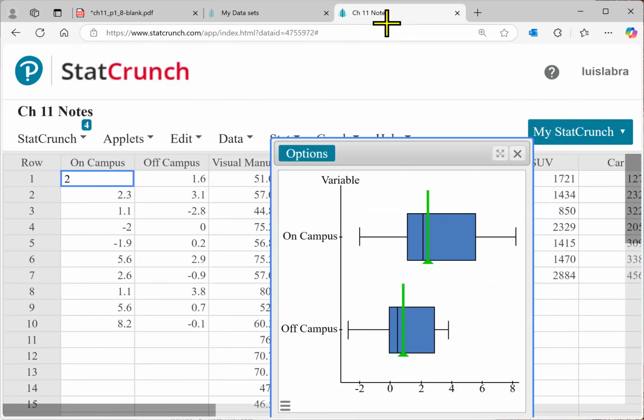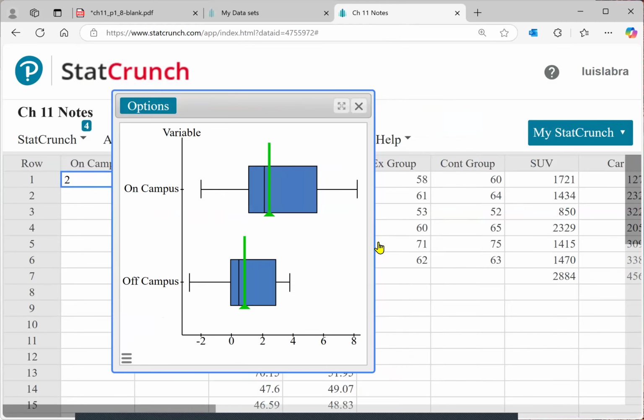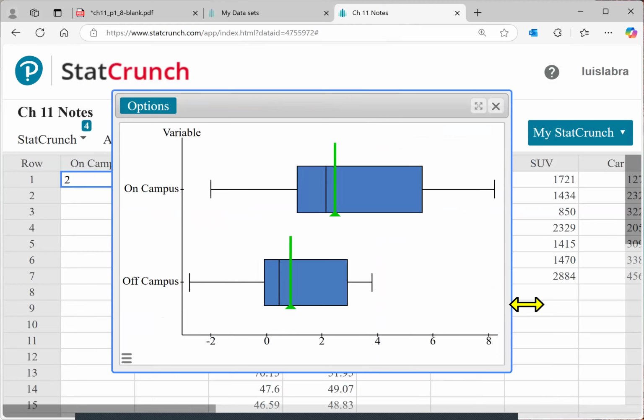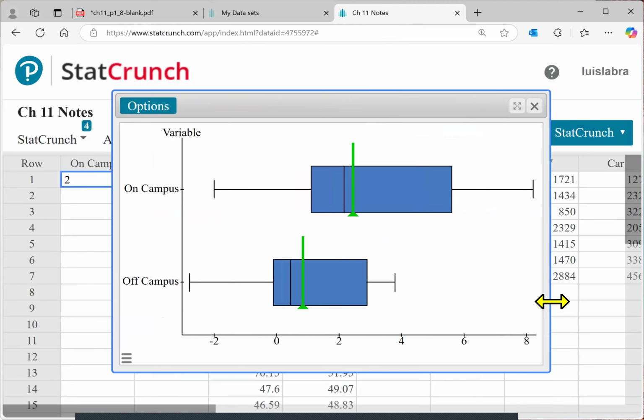This is something that we'll do later on in chapter 13 as well. So it looks like there's a slight difference in the means. This is what we were doing when we started the class, but more qualitative, where we said, oh yeah, the average for on campus is slightly higher than off campus, but now we know that this is not statistically significant, right? The on campus appears slightly higher, but it's not statistically significant.